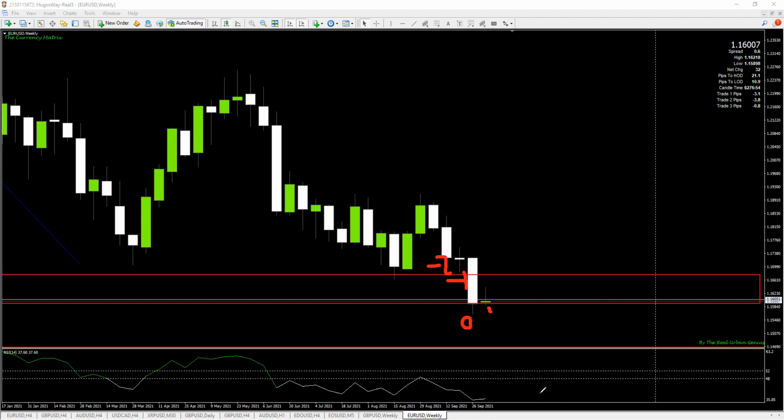Here's +1. +1's still being created, so it's not confirmed yet, because this +1 candle will likely come down here, take out 0, and become 0 all by itself. And then this is now -1 and -2, which we would still be waiting on +1 and +2.